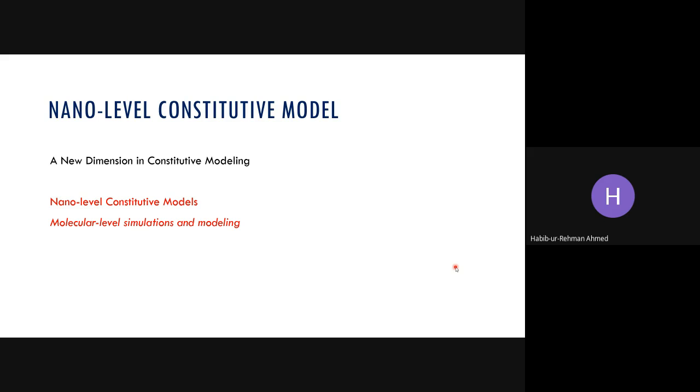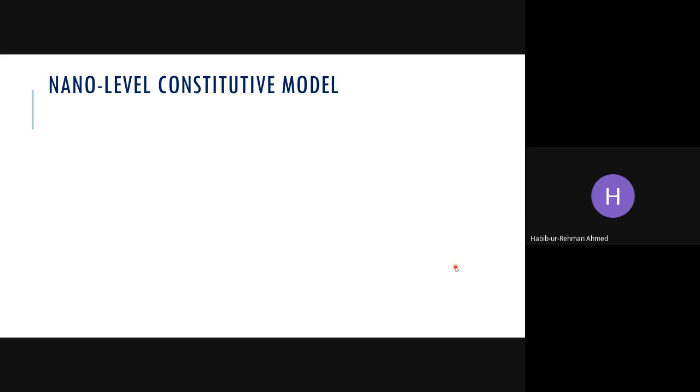So if we are capable of doing atomic or molecular level simulation first and then modeling, we can have a universal model that should be applicable under all kinds of conditions. We just have to plug in very basic parameters, and we can come up with the behavior of a soil present anywhere on the surface of the earth.